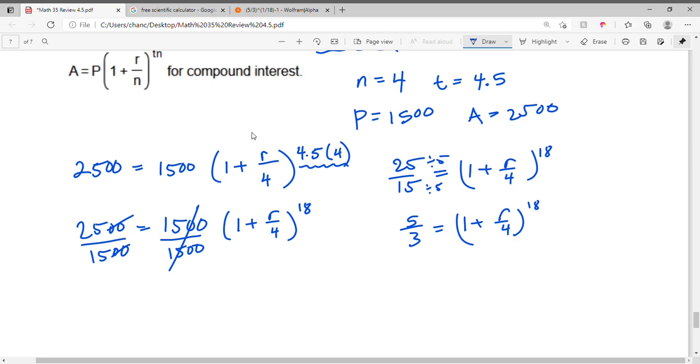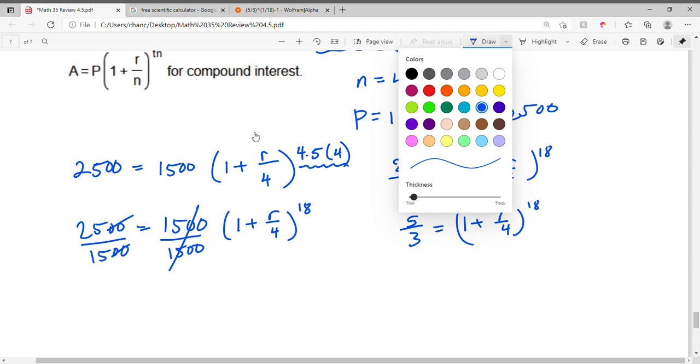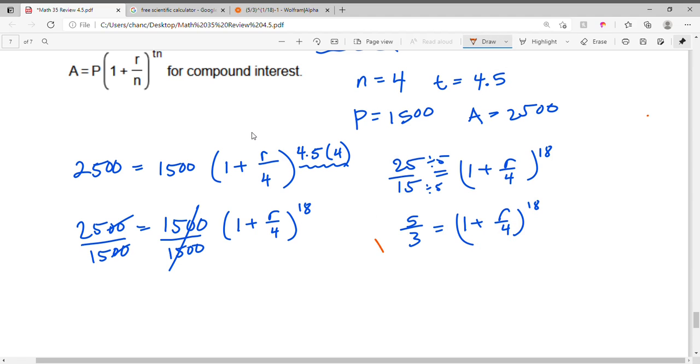Now we could take the natural log of both sides to bring down that 18 to the front, but I think it's easier to take the 18th root of both sides. Let's take the 18th root of both sides, and that's going to cancel out that 18th power. This gives me the 18th root of 5/3 equals 1 plus R over 4.